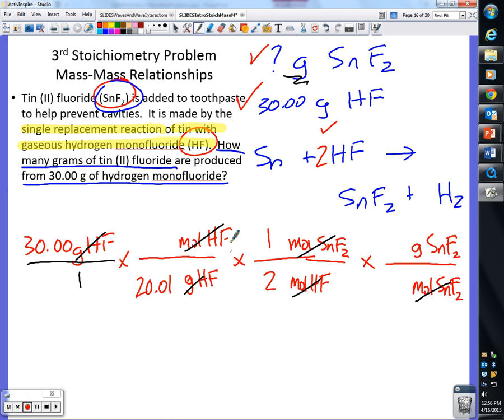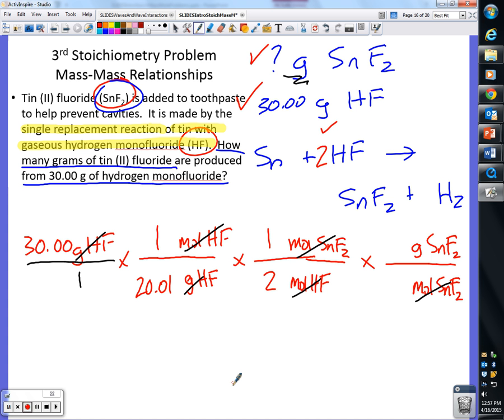When we are converting grams into moles, if this is the molar mass, or the mass of 1 mole, 1 goes there, even though we have a 2 coefficient in the balanced equation. That doesn't mean anything when we're doing grams to moles. Those coefficients only show up in the mole ratio.